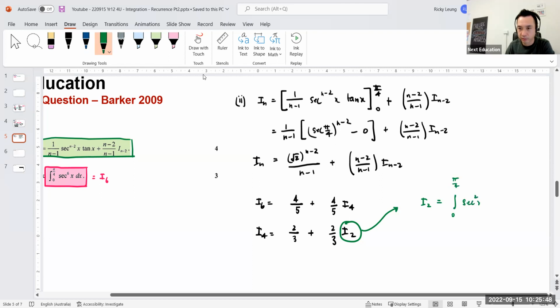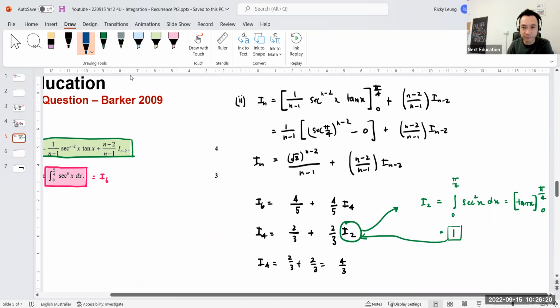Sec squared, that's fine, because I know that is tan, which is amazing because the answer is just 1. I'll repopulate this. Let's see if I get the answer. So then I_4 equals 2/3 plus, well, 2/3, 4/3. Okay.